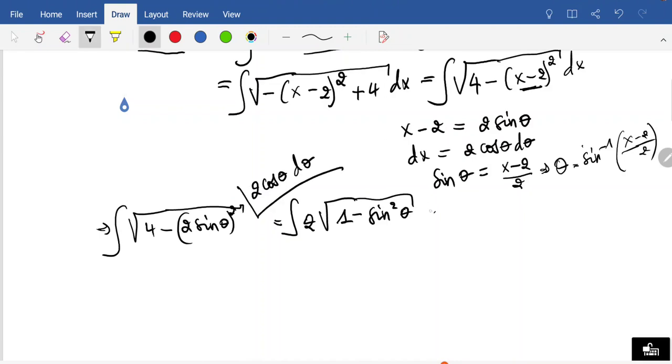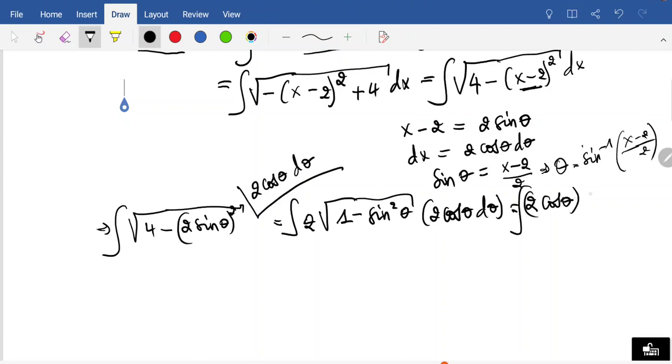So we have 2 cos theta d theta here, and this is just equal to the integral of 2 multiplied by the square root of 1 minus sine squared, which is just equal to the square root of cos squared, which is just equal to cos.